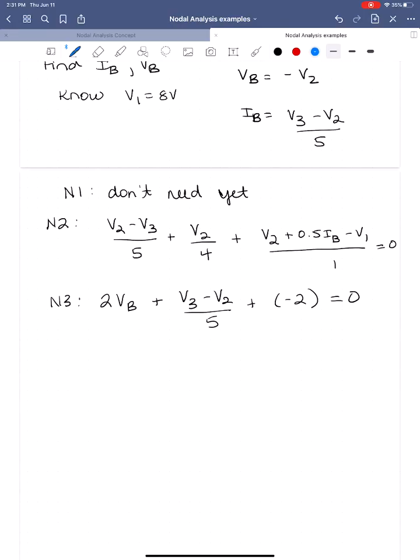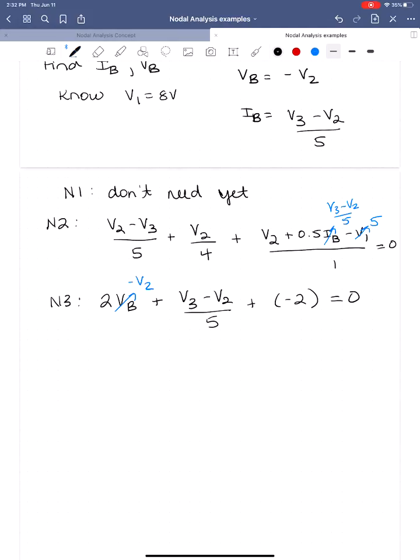So we know that V1 is 5. We know that IB here is V3 minus V2 over 5. We know that VB is minus V2. We're just going to plug all of those in and simplify these equations down.